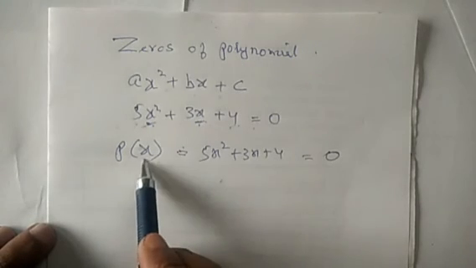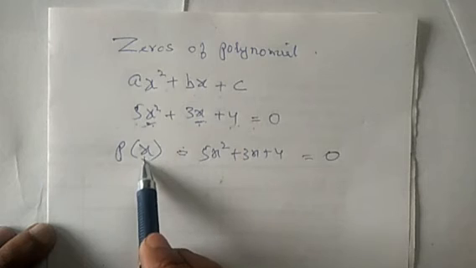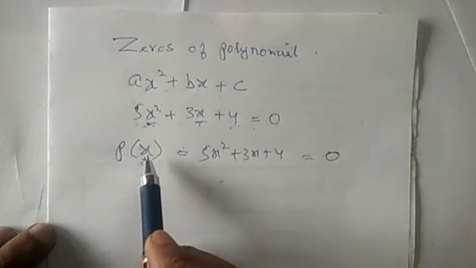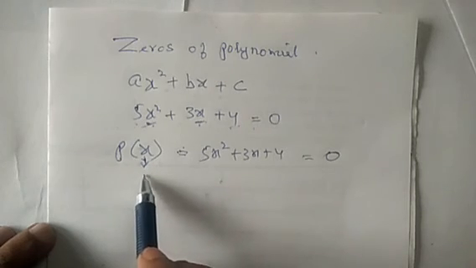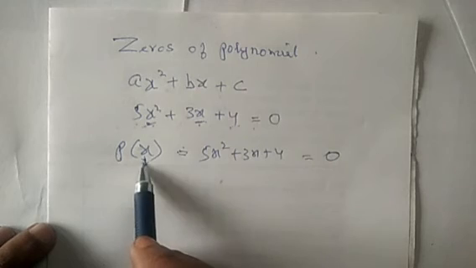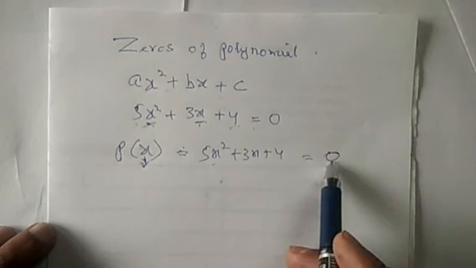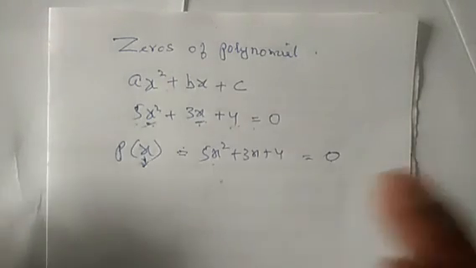That means at what value of x, the variable, we can put values like 1, 2, 3, -1, -2, and when this equation becomes 0, that is called the value of x, the zero of polynomial.